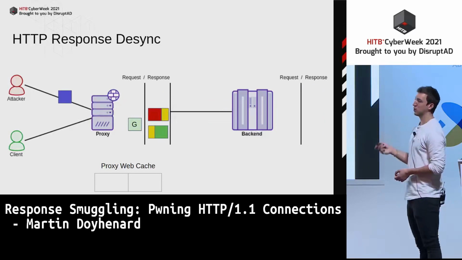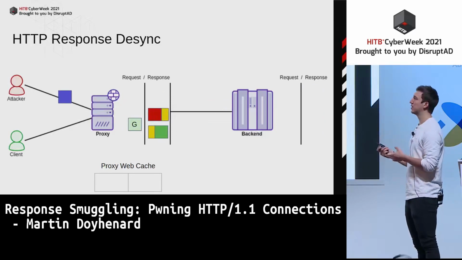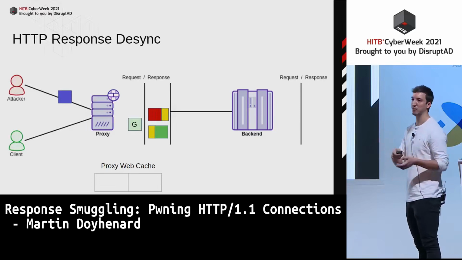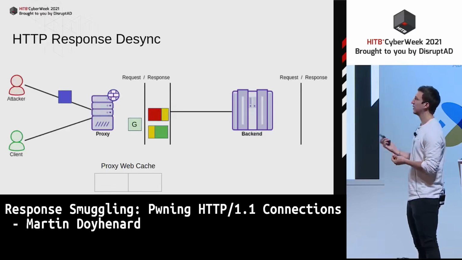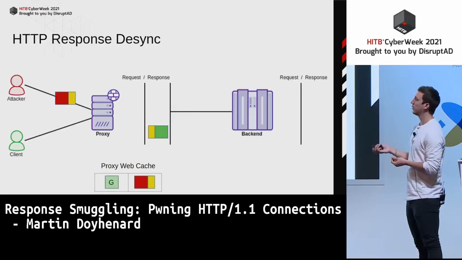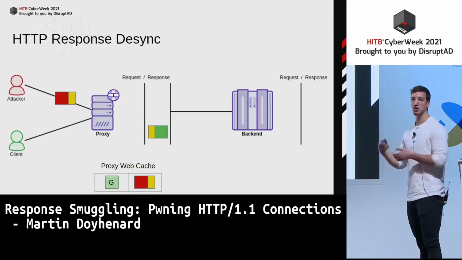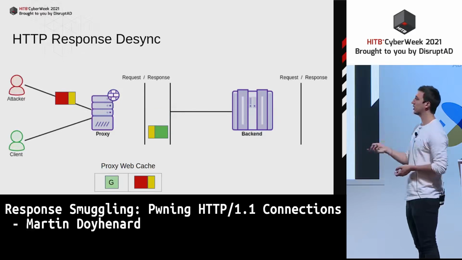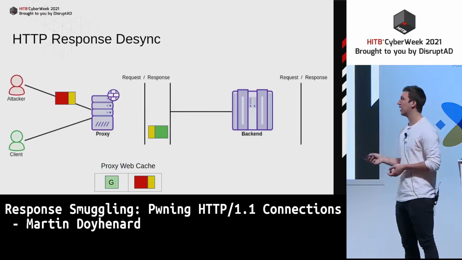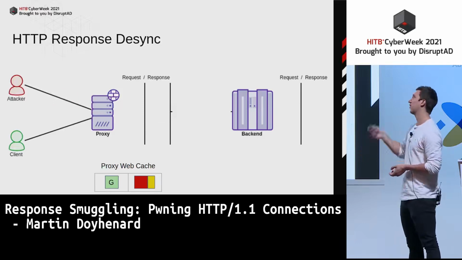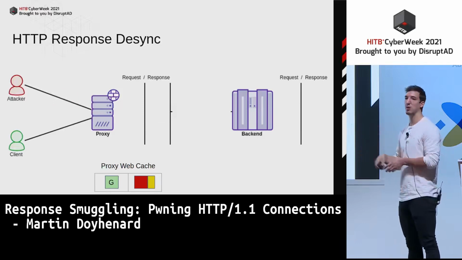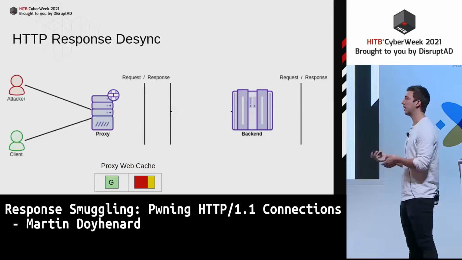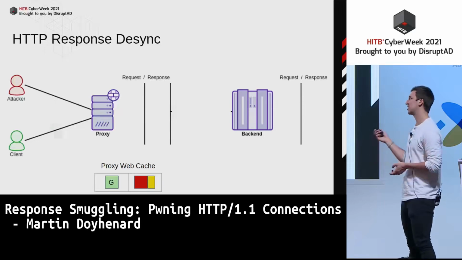The first response will be sent again to the attacker. Now the second response, which contains the payload, will be sent to the next request, which is a GET request, again from the attacker. But in this case, the proxy will see that the response contains the cache control header, so it will store this in the cache, and the rest of the message will be discarded because it's not a valid HTTP response.